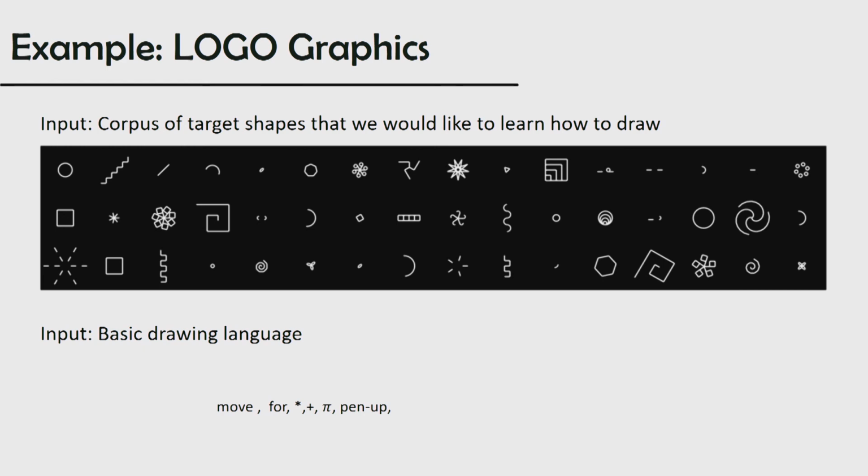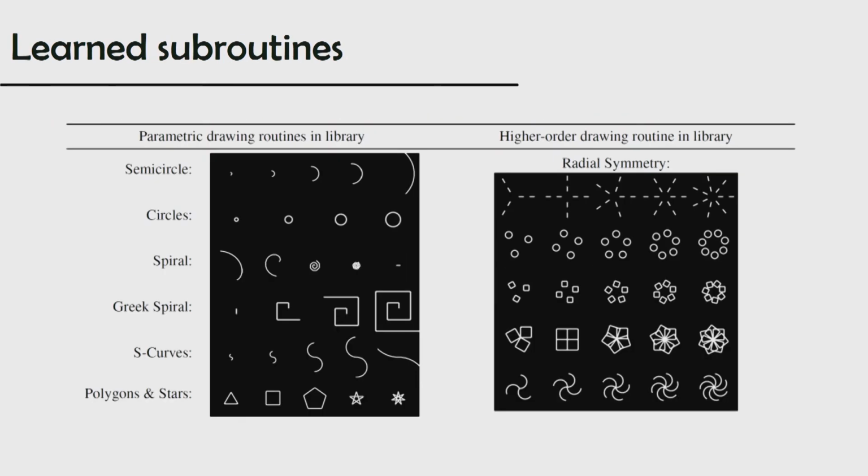And from those, the system is able to bootstrap from the programs that solve the simplest problems in this corpus, and then identify common elements, common semantic behavior in these programs, even if they look very different. That allows you to extract primitives for doing things like drawing circles and spirals and different kinds of curves, but also higher level compositions.